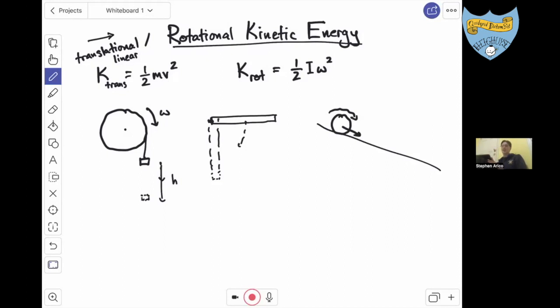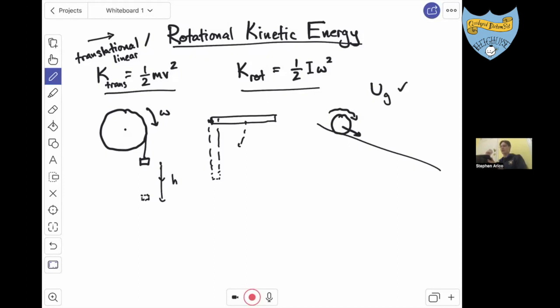For each of these question types, we need to think about what kinds of energies are present for each of those systems. For all of them, the initial condition is you start with gravitational potential energy. Everything's going to start with gravitational potential energy.